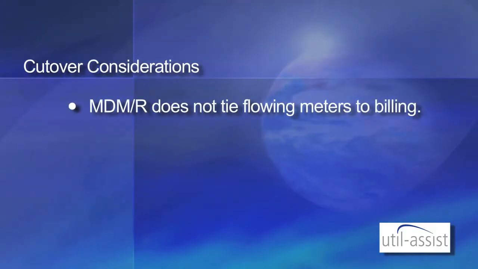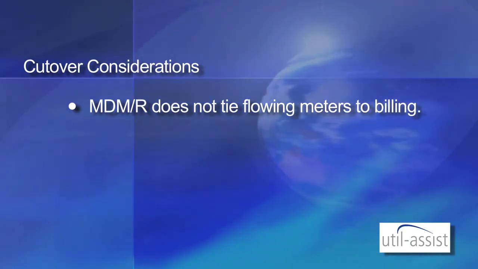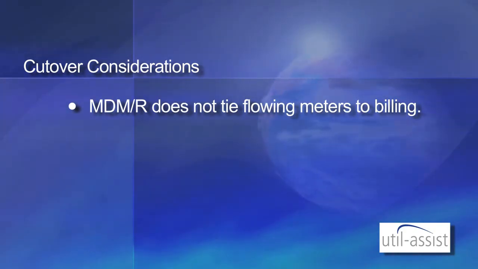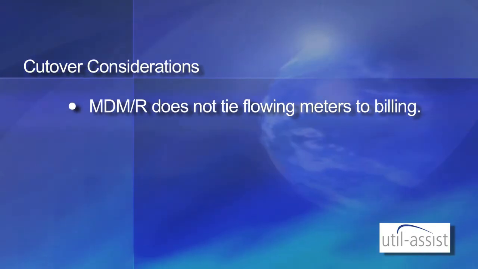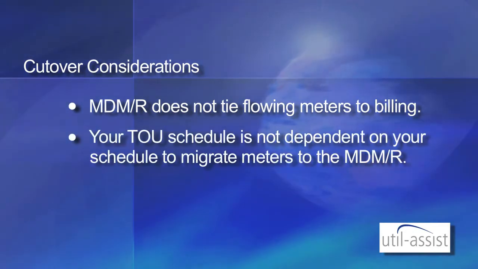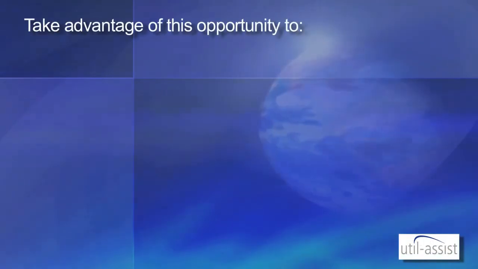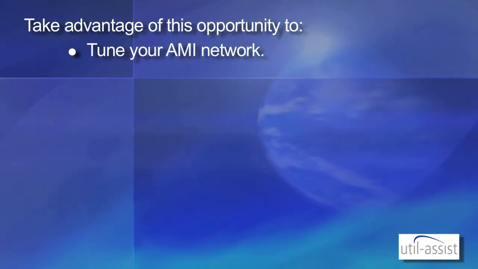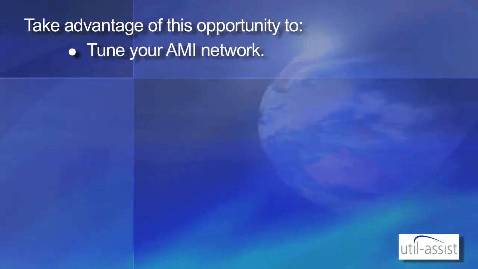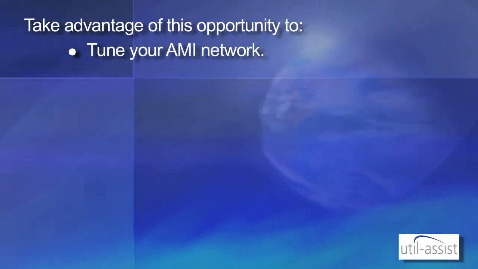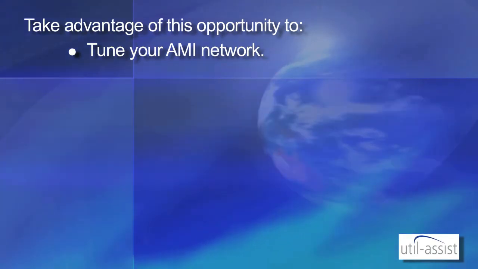It is important to note that the MDMR does not functionally tie flowing meters to the billing process. You could flow meter data from the MDMR and not bill for months, even years, before starting to bill from the MDMR. Your TOU schedule is not dependent on the schedule to migrate meters to the MDMR. Take advantage of this opportunity to tune your AMI network. A properly tuned AMI network should collect between 98 and 99% of data.